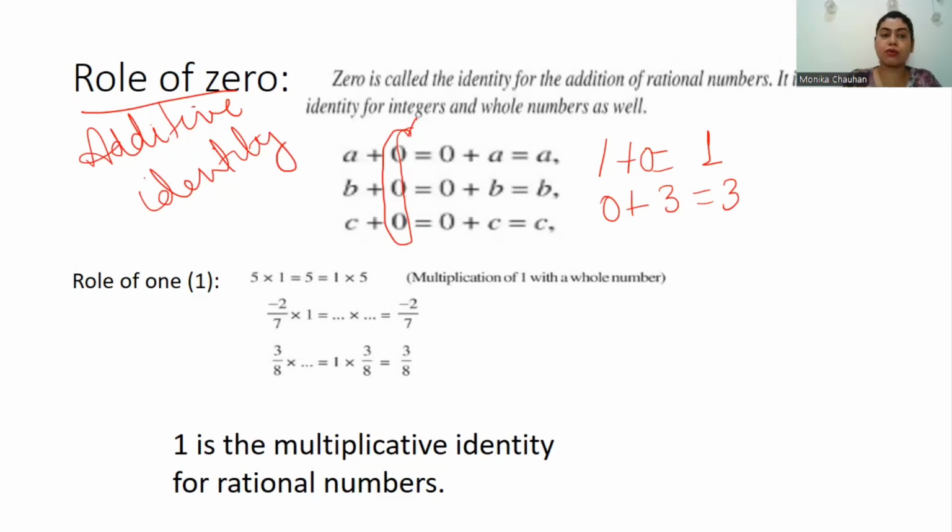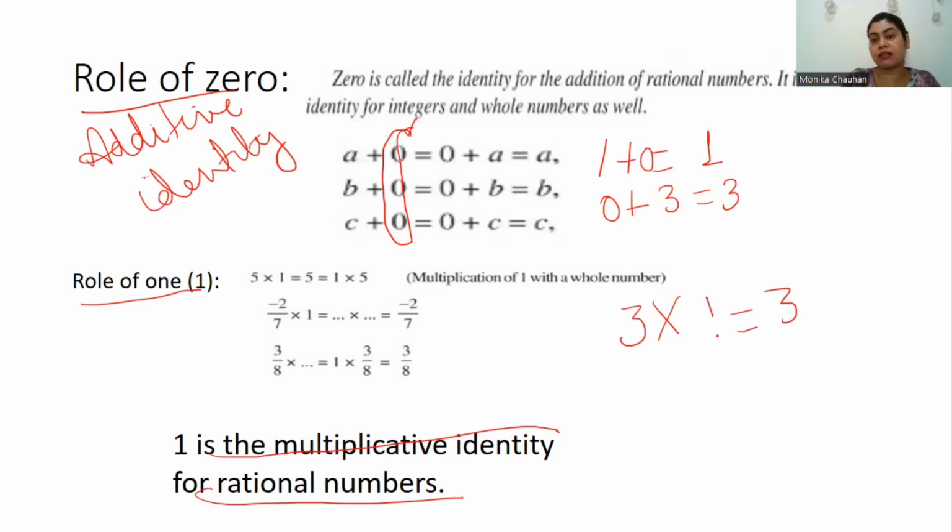Okay. Now next, role of 1. Role of 1 is called multiplicative identity. So here I'm highlighting again, role of 1, which is multiplicative identity. Multiplicative means multiplication. And what do I multiply with 3 to get the same number?